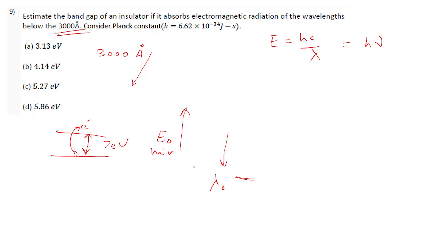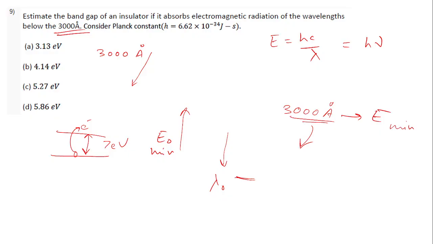I hope this is clear. So here, 3000 angstrom corresponds to the minimum energy above which it will absorb, and 3000 angstrom is the maximum wavelength below which it will absorb. Energy and wavelength are inversely proportional. I just wanted to make that clear.